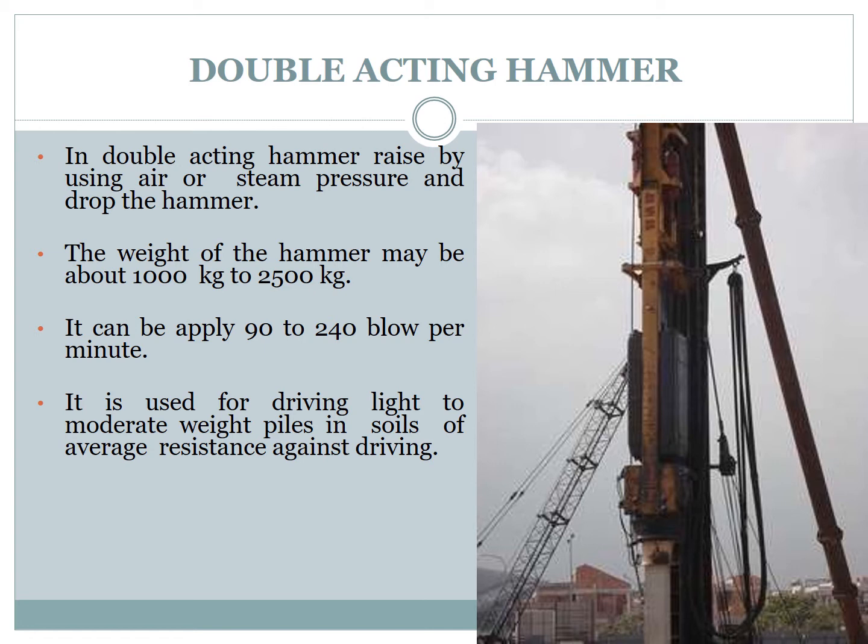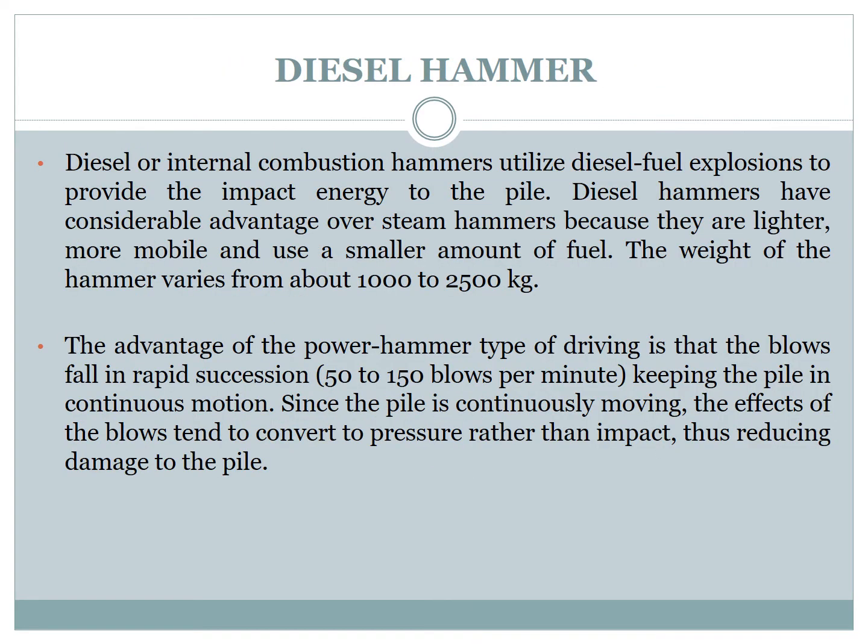The weight of a double acting hammer is 1000 kg to 2500 kg, and it can deliver 90 to 240 blows per minute. So in a double acting hammer, the hammer is raised and dropped by steam or air pressure.